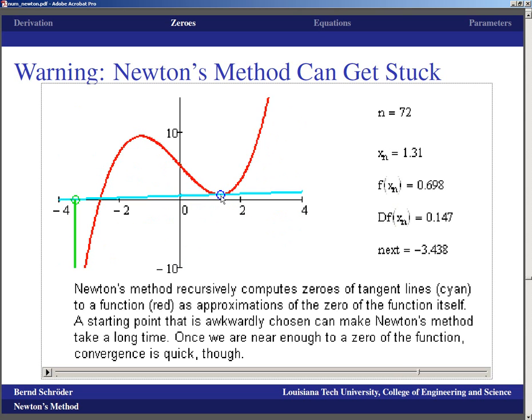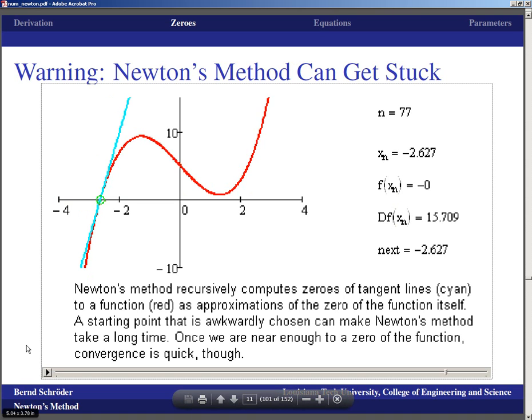But here now we computed a 0 of a tangent line where the slope is very, very flat, and that means our point has been shot out all the way to the left. And once it's been shot out that far, now we are in a situation like we had before, where Newton's method very quickly converges.